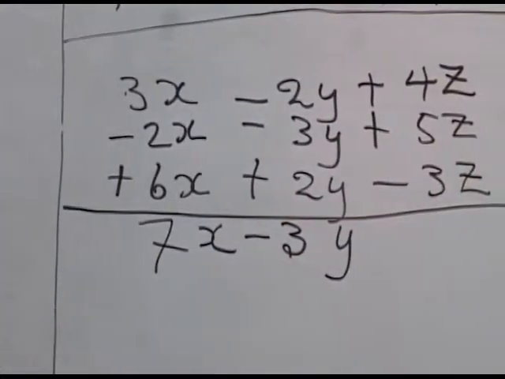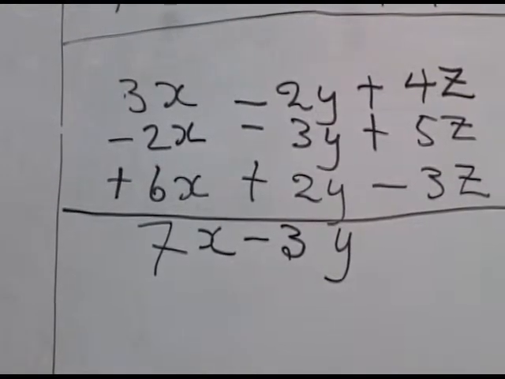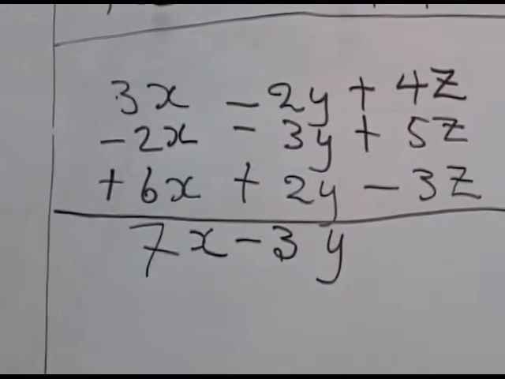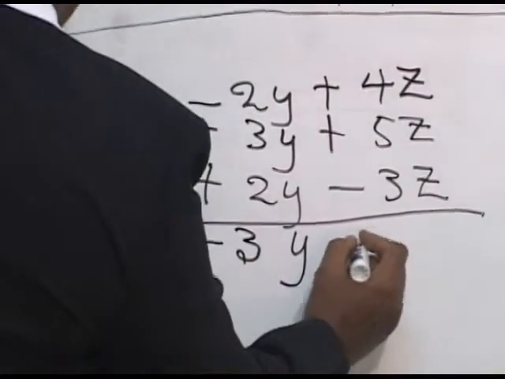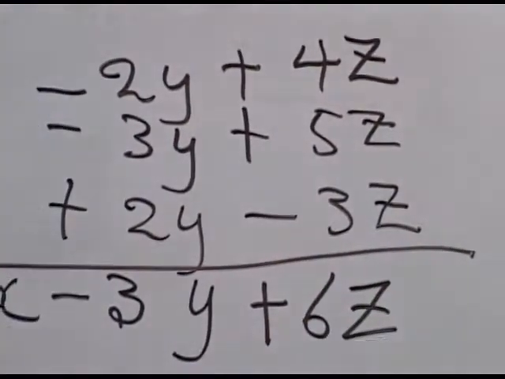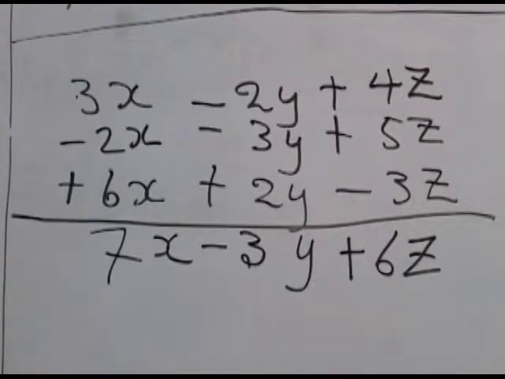All right. And then we have positive 4z with positive 5z, and we're going to get 9z, and it is minus 3z, which is going to give us plus 6z. And that is what we are doing here in terms of simplifying the algebraic expression.